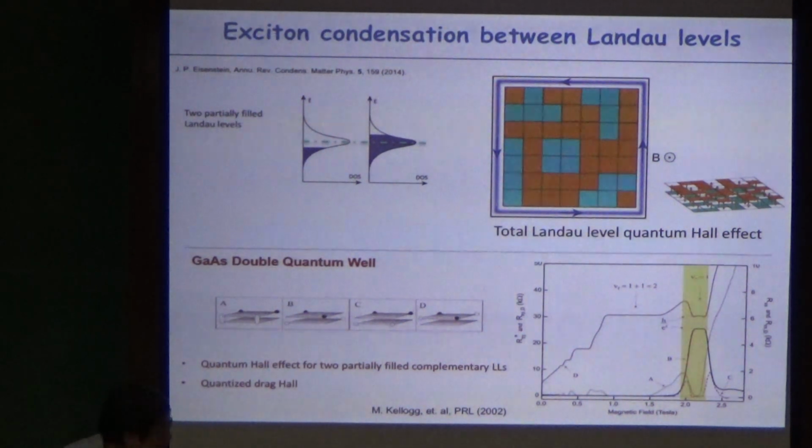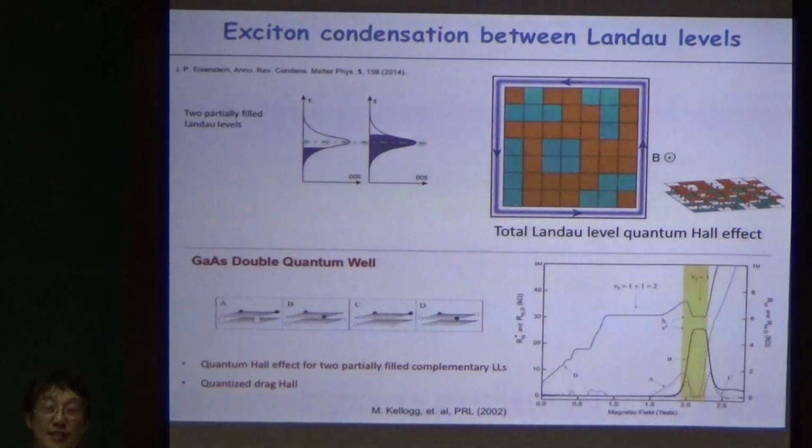If I make the current loop or current return, then perfect drag should happen. And there are a few experimental consequences that have been measured in this experiment. One of the evidence is when you measure the so-called Hall drag measurement: send the current in the top layer and measure the Hall voltage in the bottom layer, then you get the perfect, quantized Hall drag effect, as if measured across a whole layer.